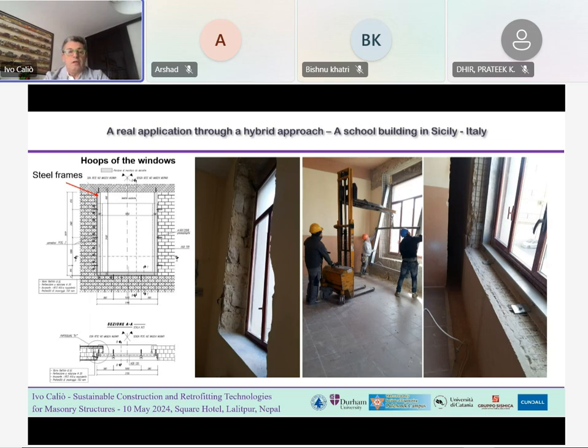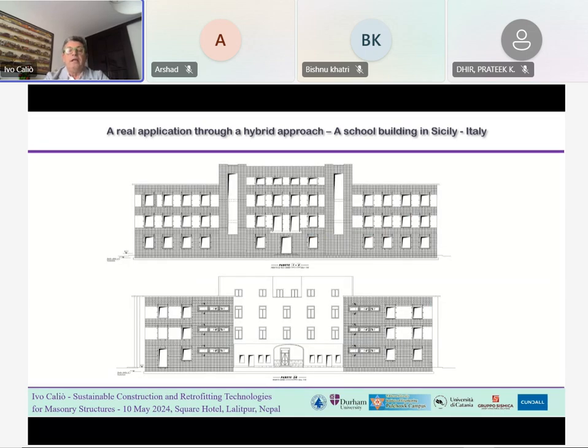This hybrid solution has been modeled in the entire building.